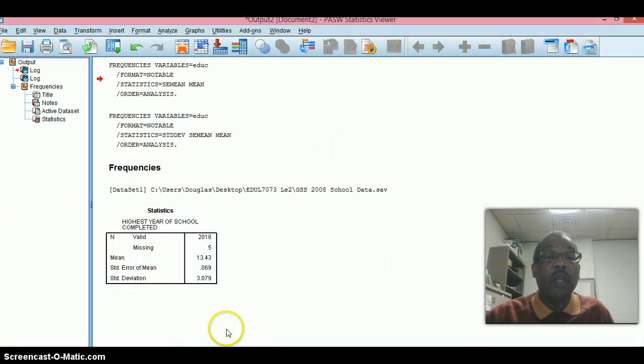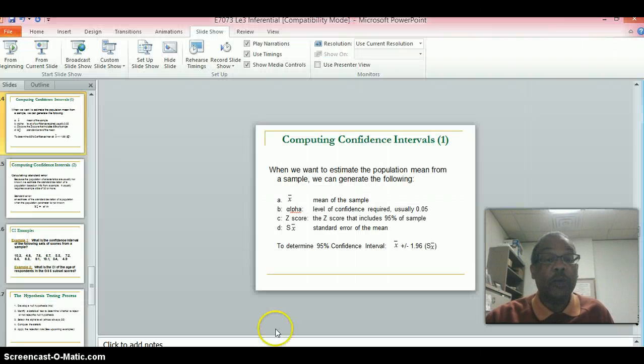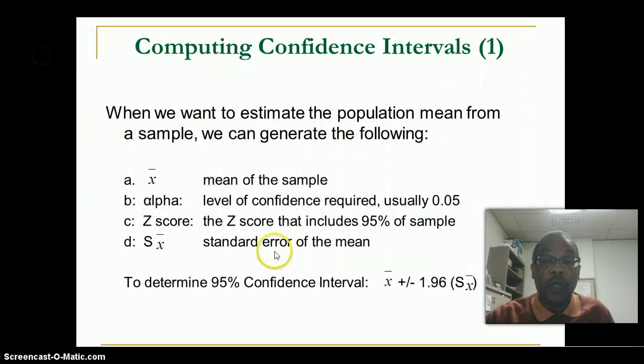When we computed information on the highest year of school completed in the previous presentation, I asked you to calculate the standard error of the mean. If you go back to that computation, you will notice that the standard error of the mean for education, highest years of school completed, is 0.069. That's important to us because that is part of what we need to calculate the confidence interval.